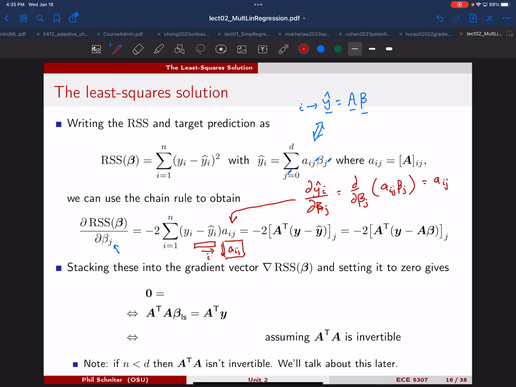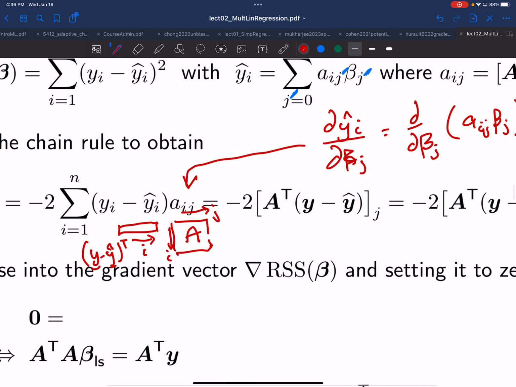So i is going to be coming down this way, j is going to be going across this way. So essentially, this is our matrix A. Over here, we have the difference y minus y hat transpose. Sorry about my bad writing. Does everybody see what we're doing?